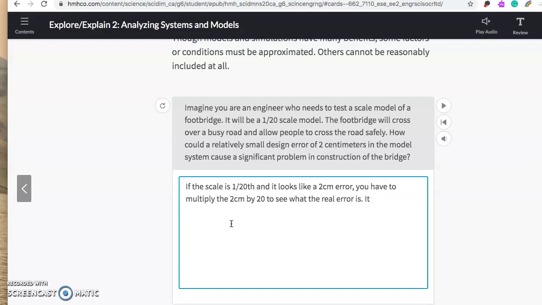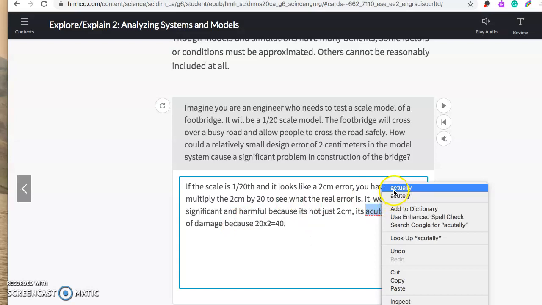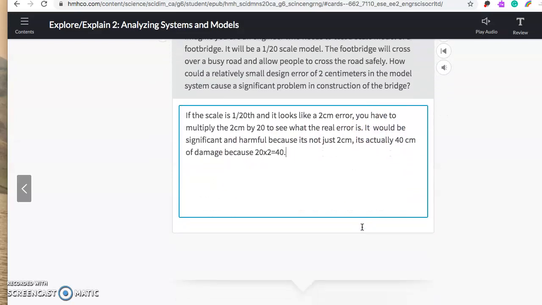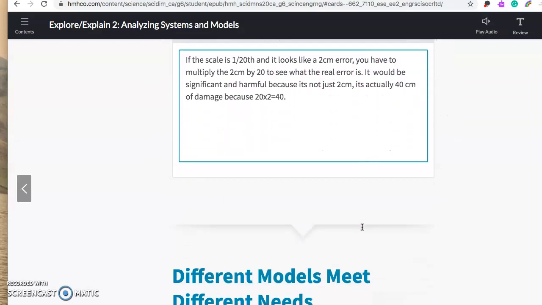It would be significant and harmful because it's not just 2 centimeters, it's actually 40 centimeters of damage, because 20 times 2 equals 40. So you can use that scale to really see the damage you could get, 40 centimeters.